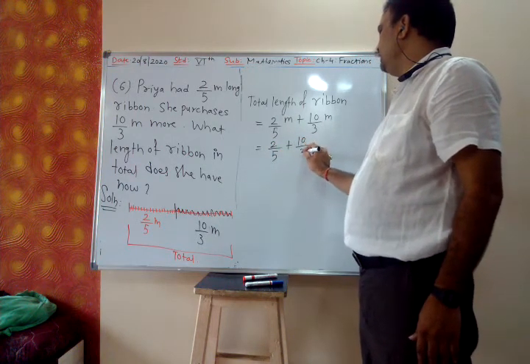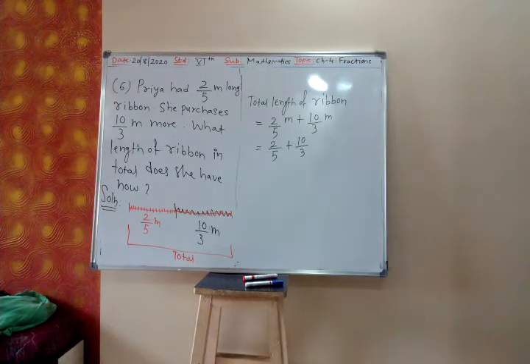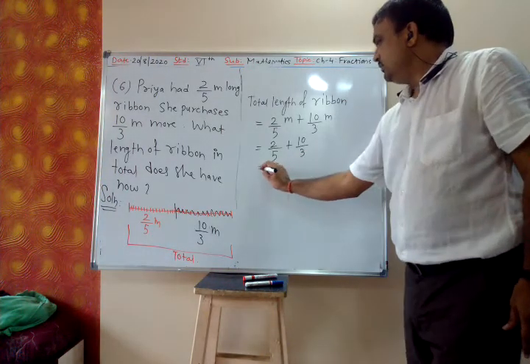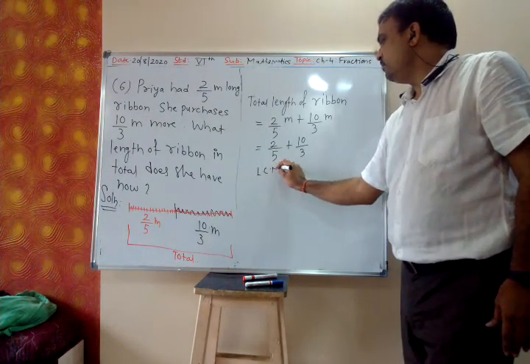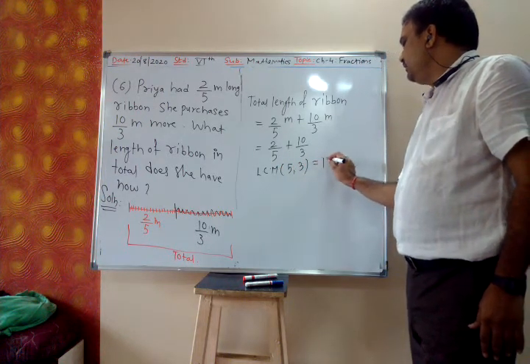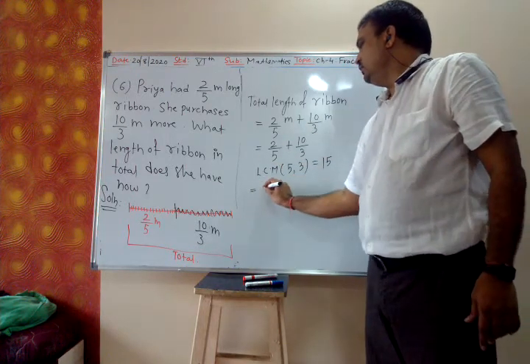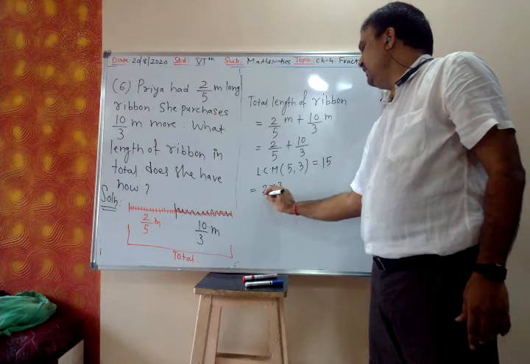Now both are unlike fractions. We have to take the LCM of the denominators 5 and 3 and convert them into like fractions. So the LCM of 5 and 3 is 15. Now I will make the denominator of each of them 15. So 2 3s are 6, 5 3s are 15.